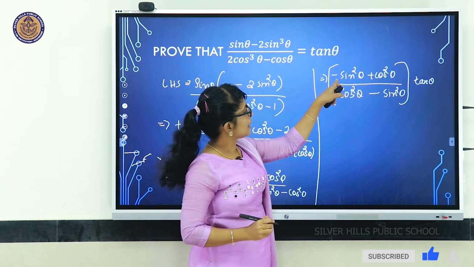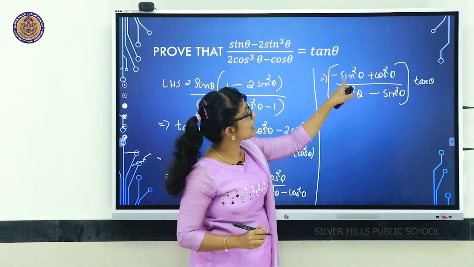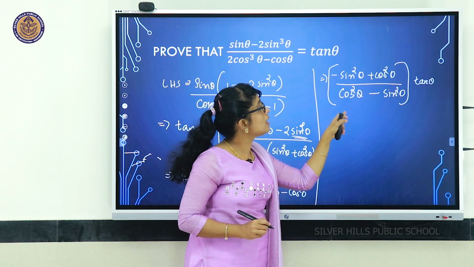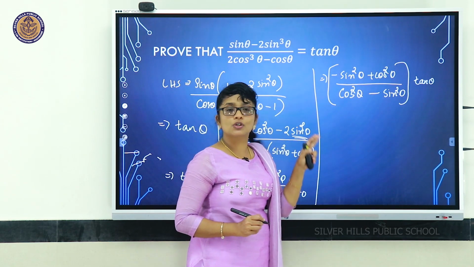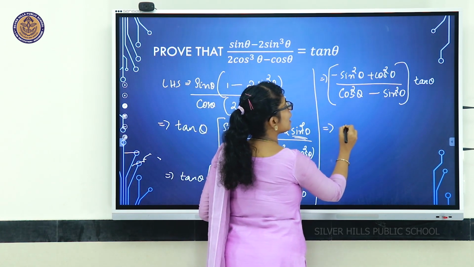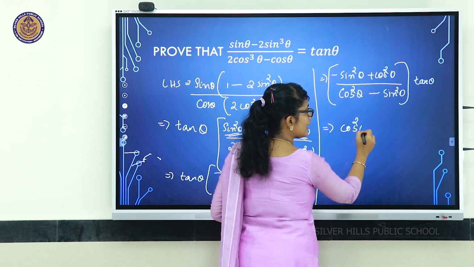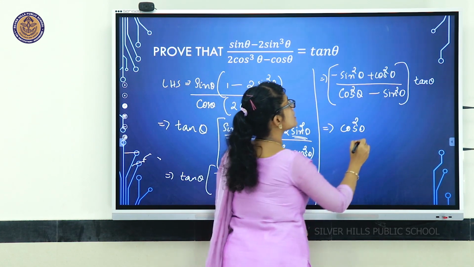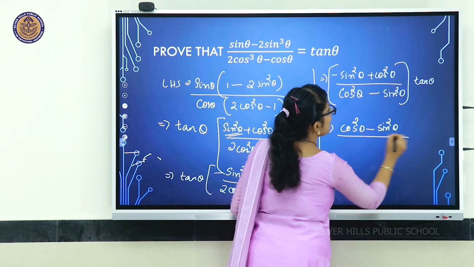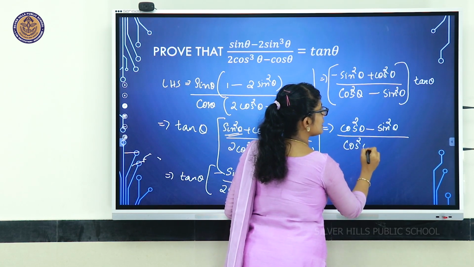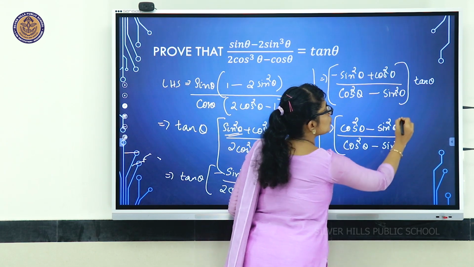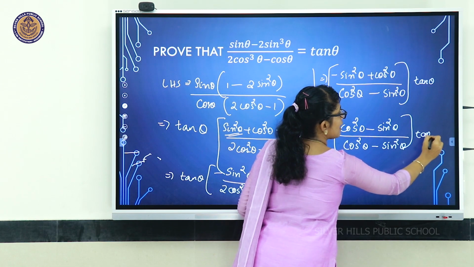Then observe that the numerator is minus sin square theta plus cos square theta and the denominator is the same, so you can rearrange: cos square theta minus sin square theta by cos square theta minus sin square theta into tan theta.